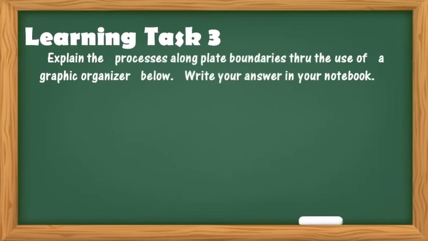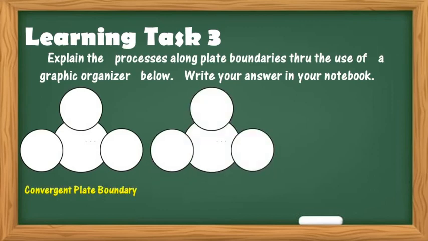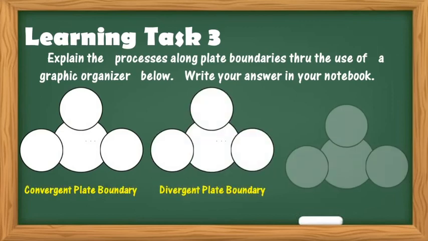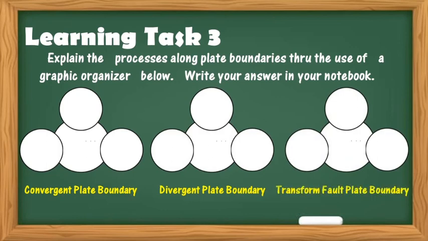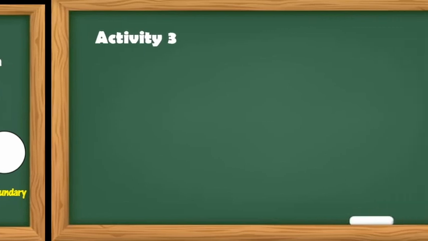After you explain the different processes that occur in each picture, now for learning task number 3, you're going to explain the processes along plate boundaries through the use of a graphic organizer. You're going to write the different processes that occur in each type of boundary in each circle. Write your answer in your science journal.